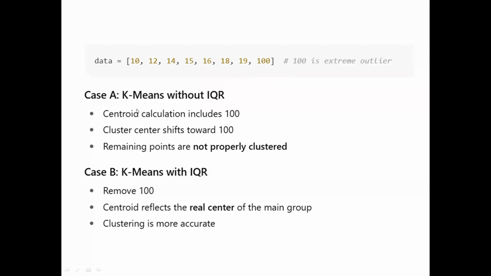So what will happen? Case A, k-means without IQR: the centroid calculation includes 100 if I am not using IQR. Whether you are using image processing, deep learning, reinforcement learning, generative AI, or large language models, in almost every technique we have to perform data pre-processing and data preparation.